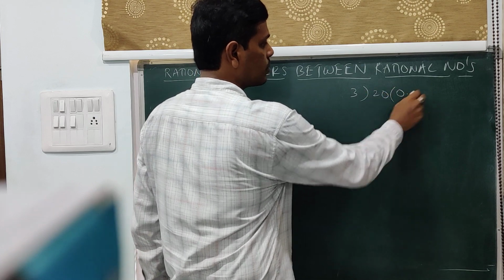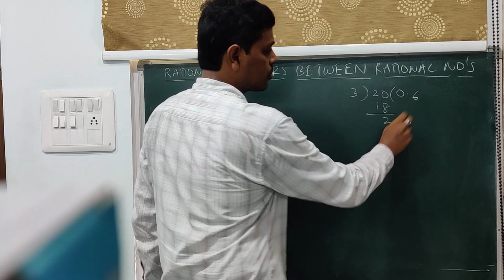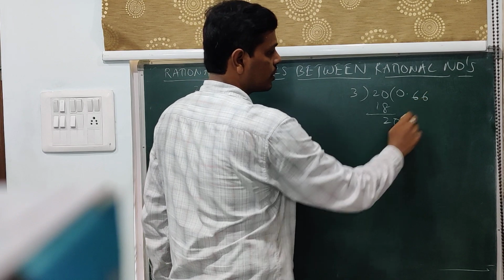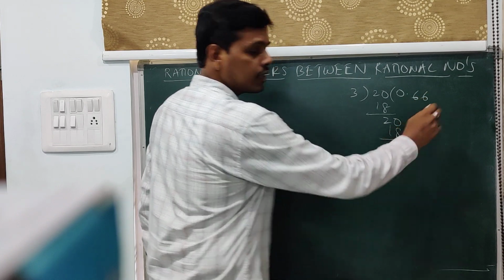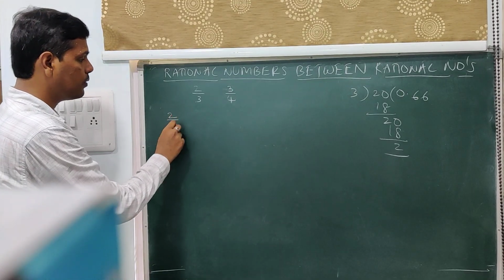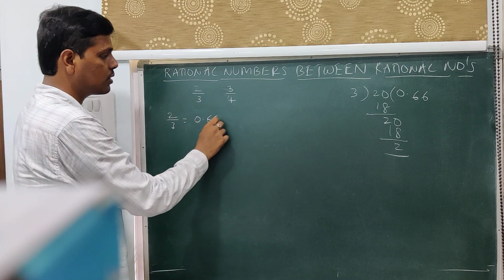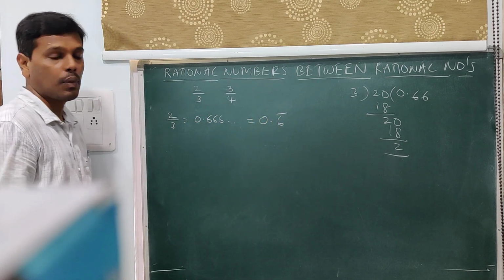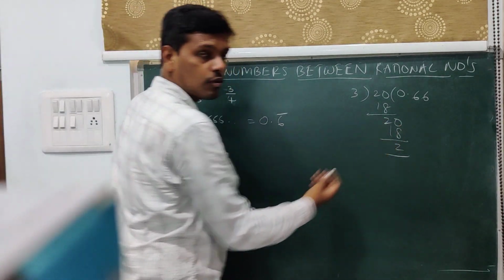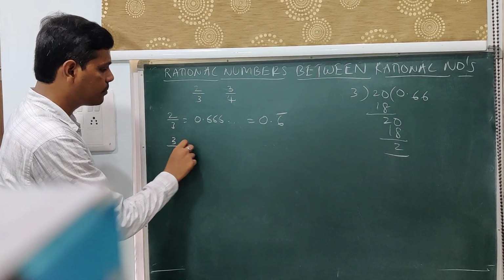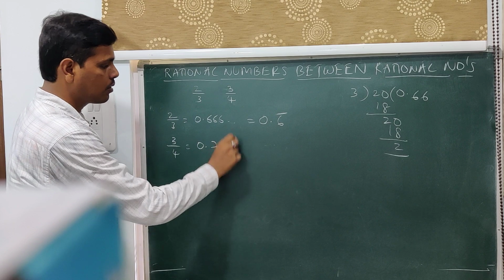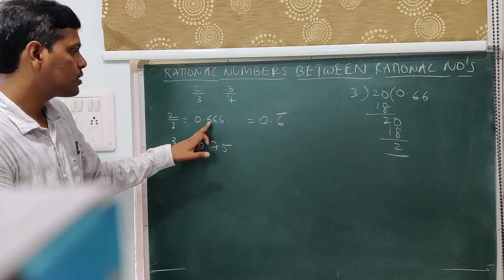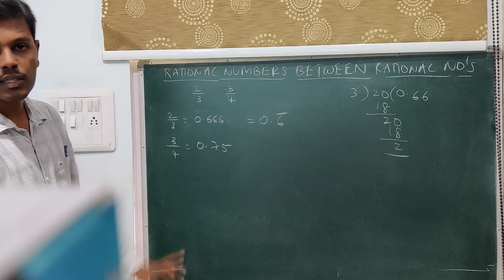Keep a point 0, 3 6s are 18, 2, again 0, 3 6s are 18, 2, and it keeps moving. So we can say that 2 by 3 is 0.666, and so on. In other words, you can also write 0.6 bar. Now 3 by 4, it is very clear, it is 0.75.